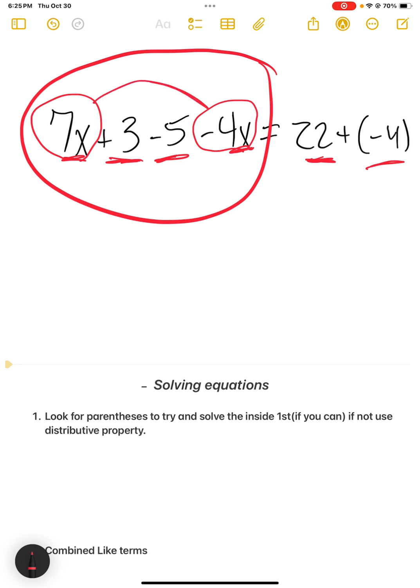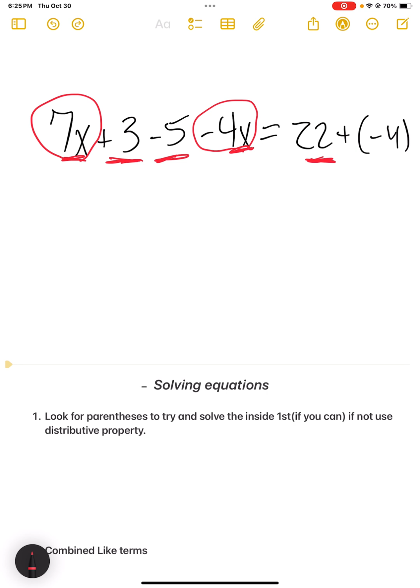I will put together these 2 and then put together these 2. Okay? Then on the other side of the equal sign, I have a pair of like terms because they're both regular numbers. Okay? Please make note, you are taking it one side at a time when you're combining like terms, okay?